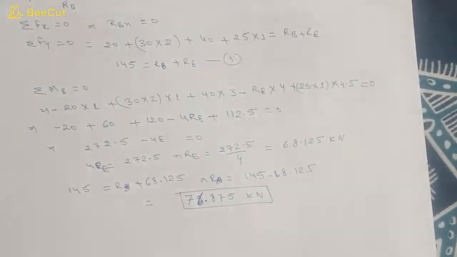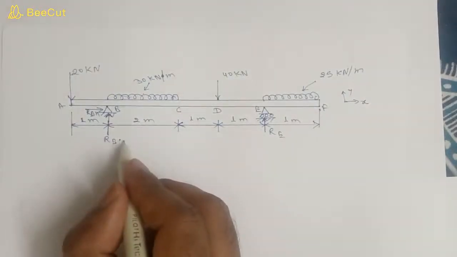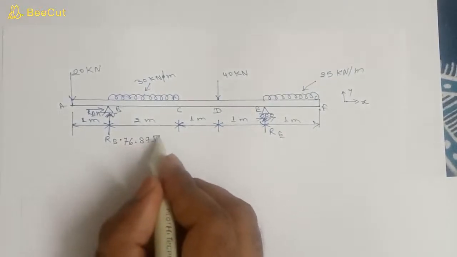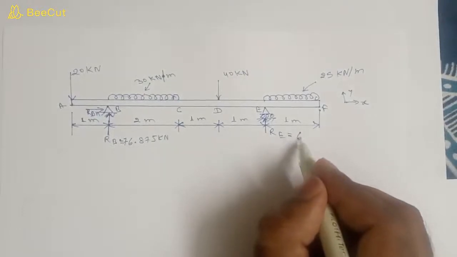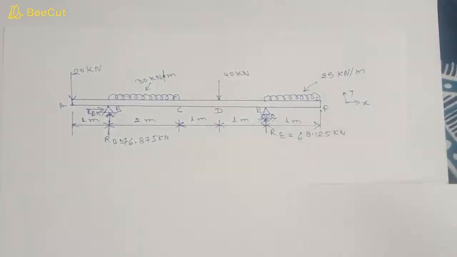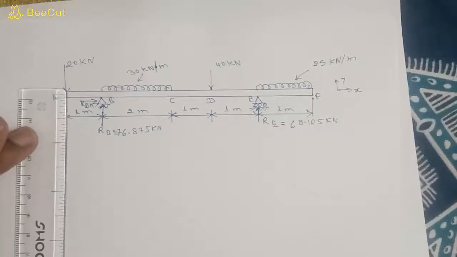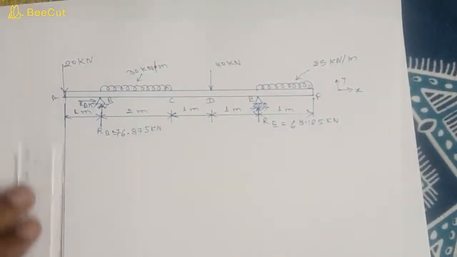Now we will try to draw the shear force diagram from these values. So let's calculate shear force at various sections. So this is 76.875 kilonewton, and this is 68.125 kilonewton. To draw the shear force, we have to draw the parallel lines from every force line.